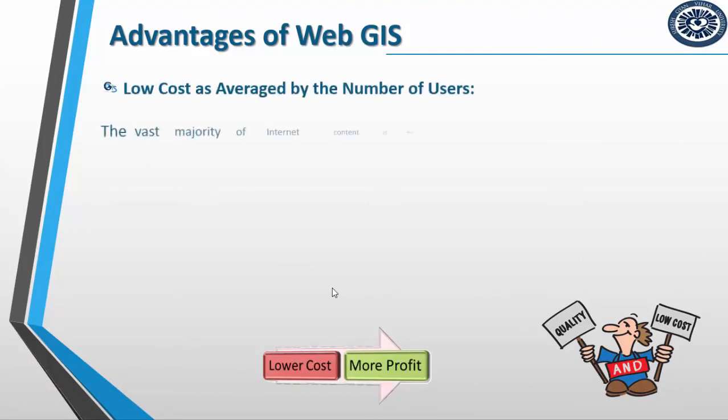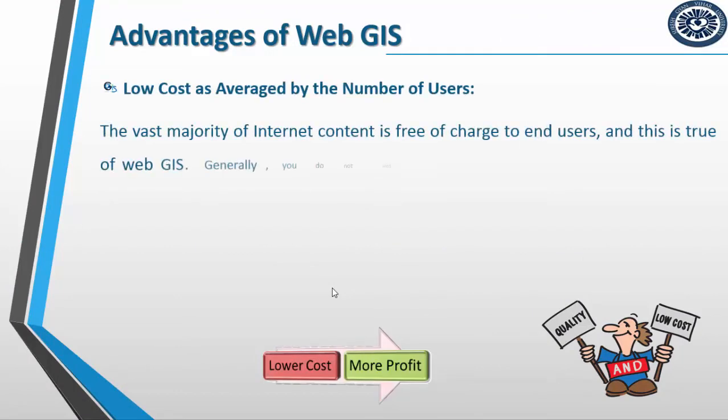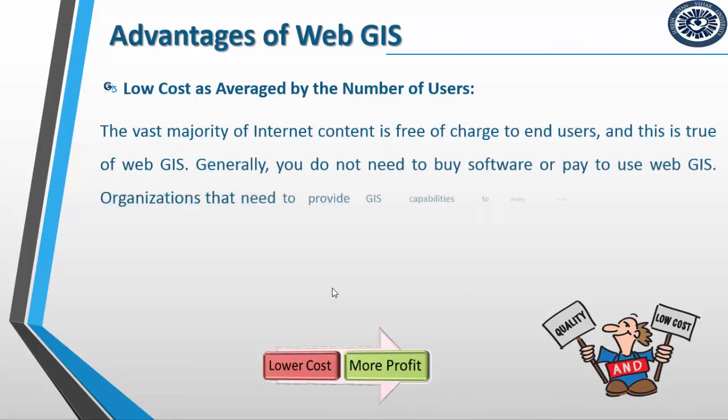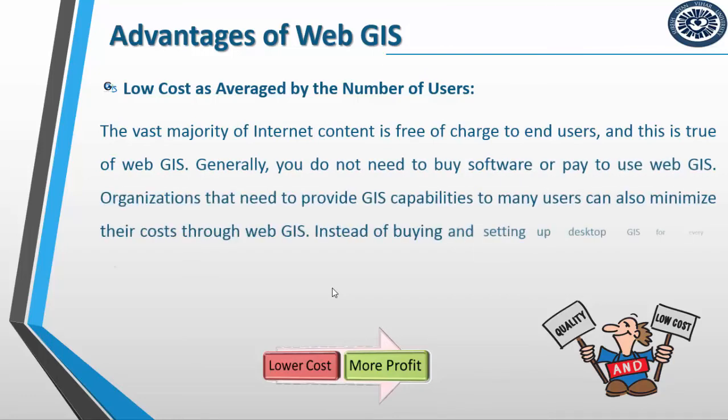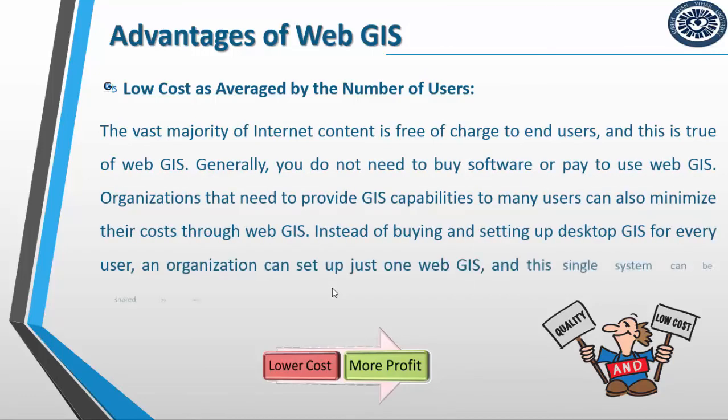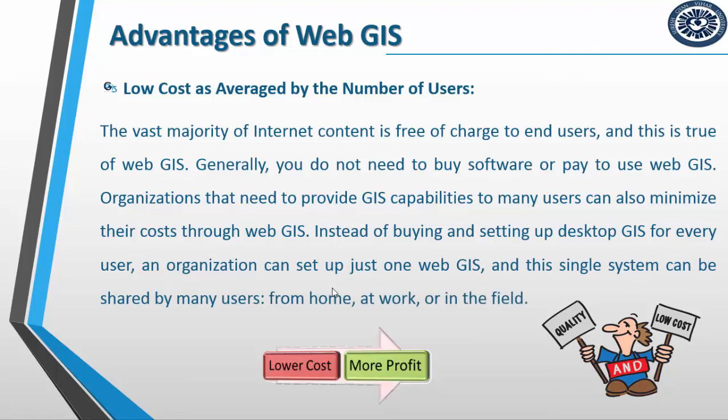This is the major advantage of WebGIS: low cost as averaged by the number of users. The vast majority of internet content is free of charge to the end user, and this is true of WebGIS. Generally, you do not need to buy software or pay to use WebGIS.